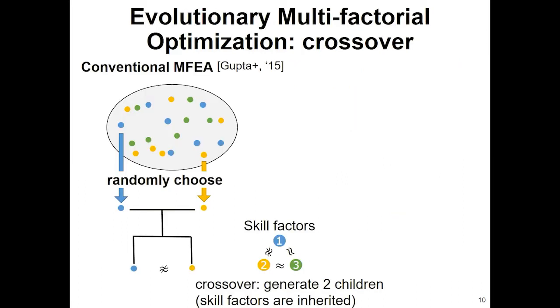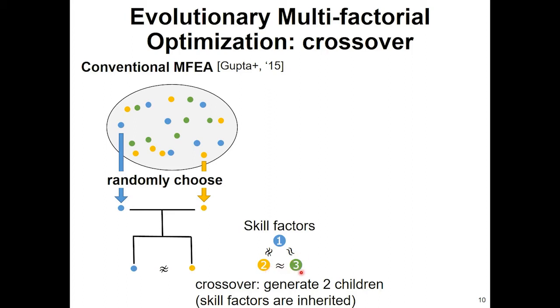Now, let me talk about crossover in MFEA. This figure shows a situation where there are solutions with different scale factors in a population of solutions. The different colors represent the different scale factors. Blue is scale factor 1, yellow is scale factor 2, and green is scale factor 3.